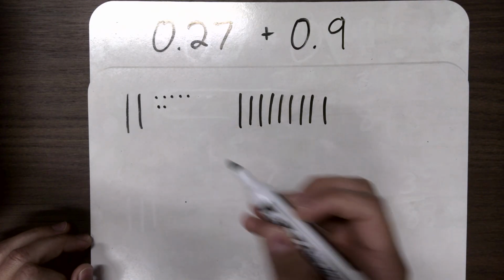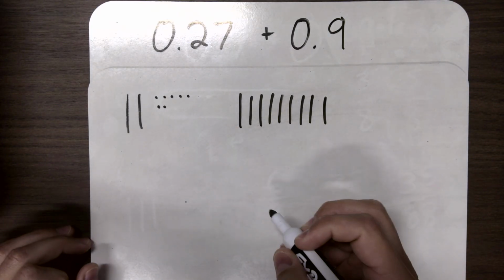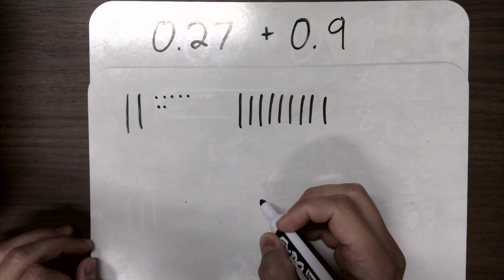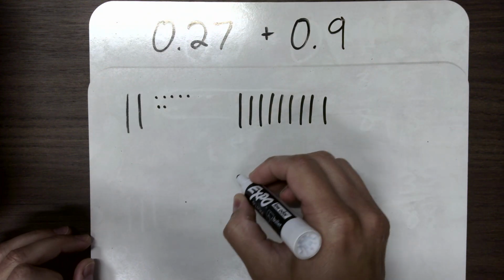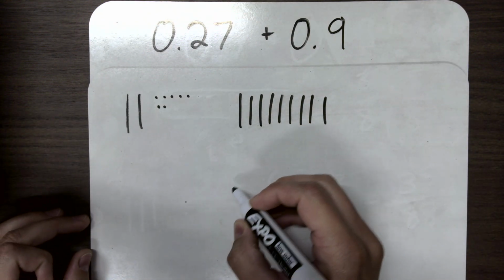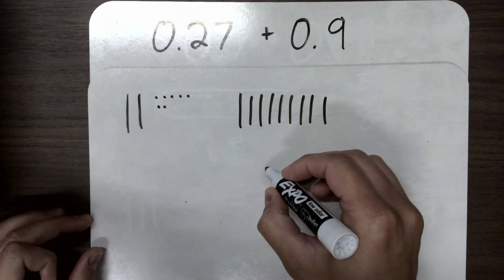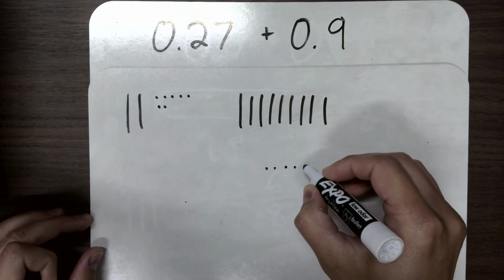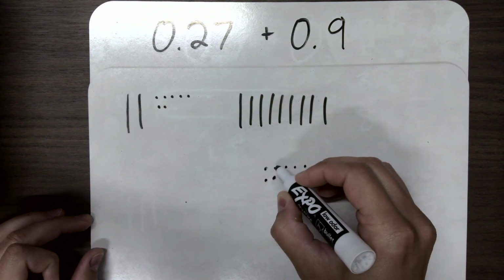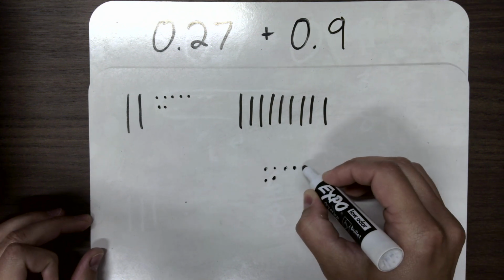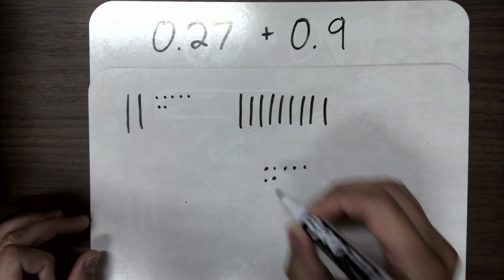We just have these 7 hundredths, so those are just going to stay the exact same. I'm going to do this on the second line down here. Those are just going to stay as is, because I'm not going to add any hundredths to that.